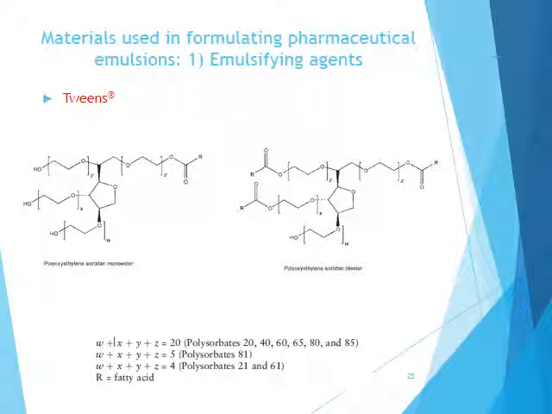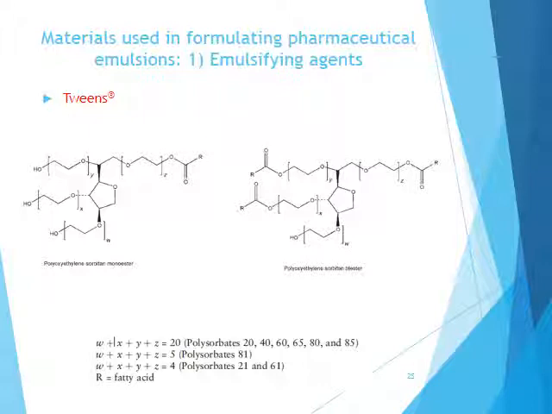So the structure is composed of three major components, and the different grades of tweens differ according to the fatty acid moiety attached to the sorbitan and the number of the polyoxyethylene units attached to the sorbitan. So the sorbitan is the same, but the difference is in the fatty acid moiety and the number of ethylene oxide units attached to the sorbitan moiety as well.